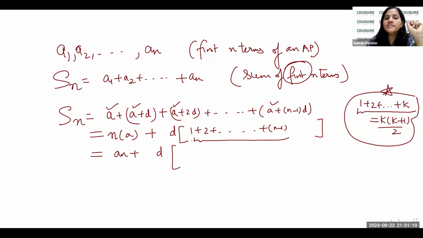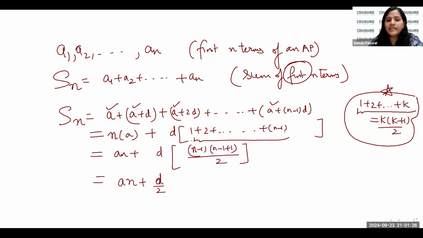So now we have the sum of first n minus 1 natural numbers, which will be n minus 1 into n divided by 2. So we have n a plus d by 2 times n minus 1 into n. Let's take n by 2 common.